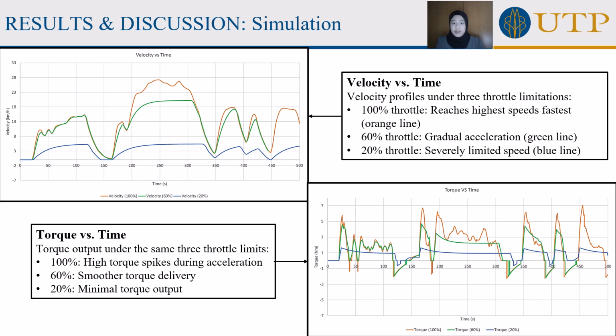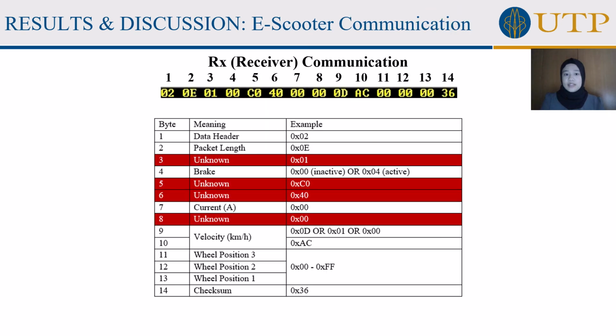Analysis of the e-scooter's serial communication, using a USB to UART board in real time, revealed that RX messages consist of 14-byte hex packets containing real-time data on speed, current consumption, and braking status.